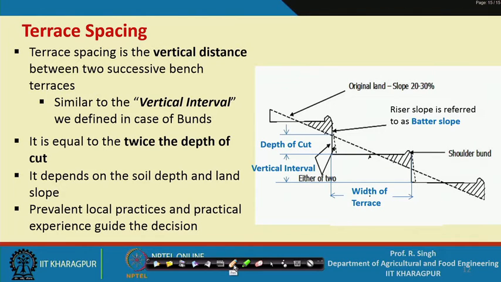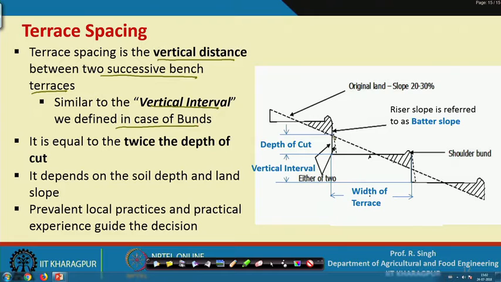Then coming to terrace spacing. Terrace spacing is the vertical distance between two successive bench terraces. Very similar to the bund we have already seen, vertical interval, horizontal interval, a similar concept is used. If you simply take two corresponding points, then we get the vertical distance as vertical interval, and that is why it is similar to the vertical interval we define in case of bunds.